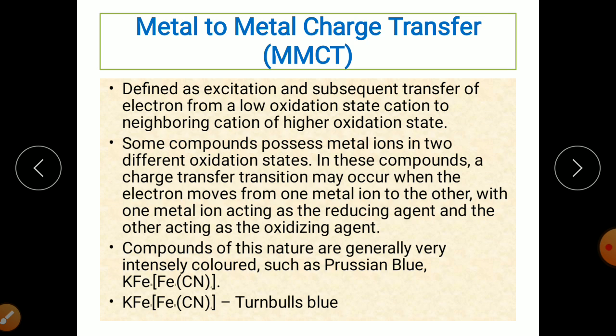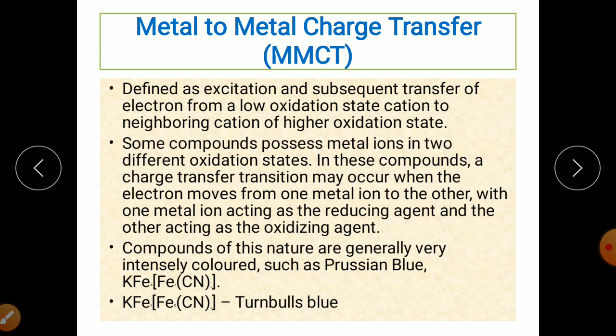These are observed in bridged complexes. In these cases, the electron moves from the metal of lower oxidation state to the metal of higher oxidation state, causing metal to metal charge transfer.